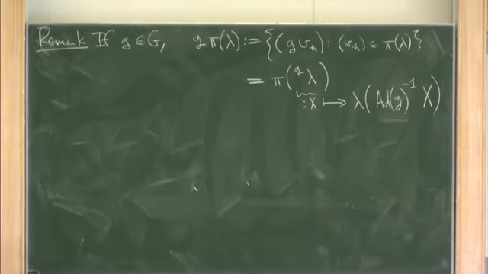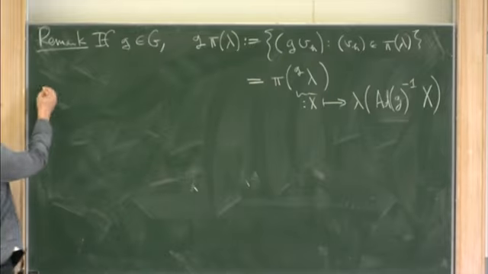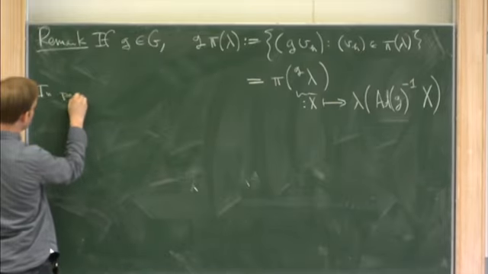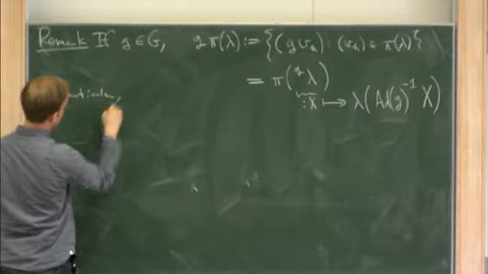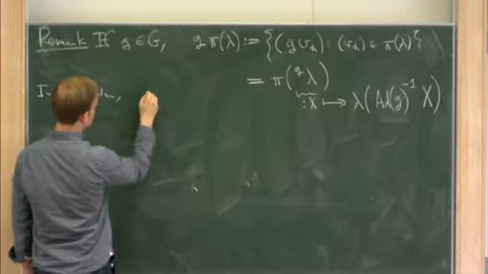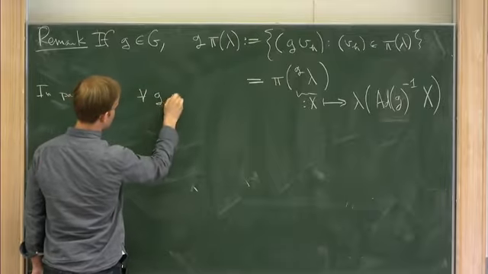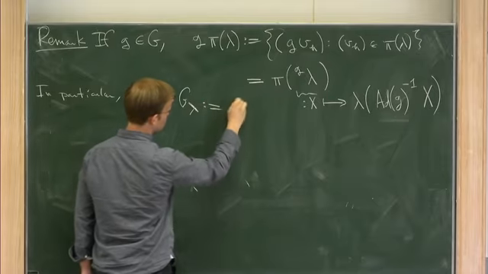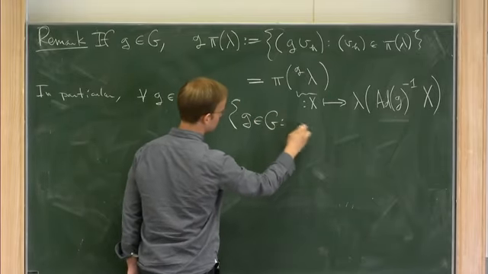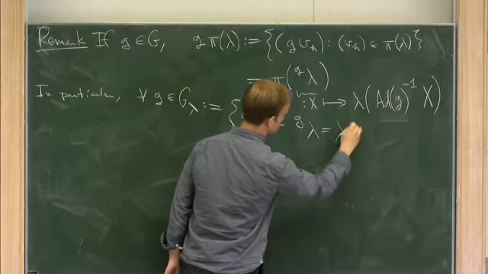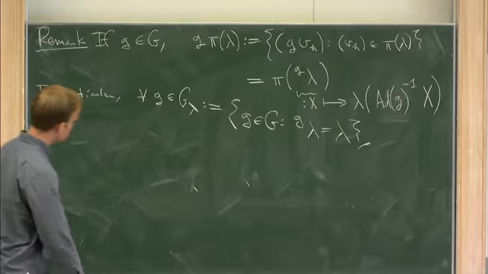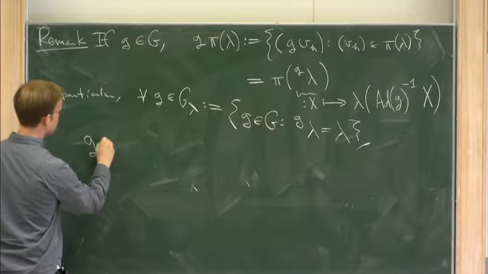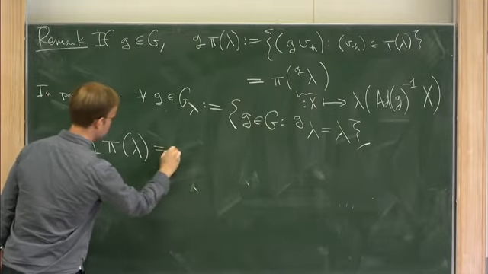It falls right from the definition. So one consequence of this is, in particular, for g in the stabilizer of lambda, we have the following identity: g pi lambda equals pi lambda.